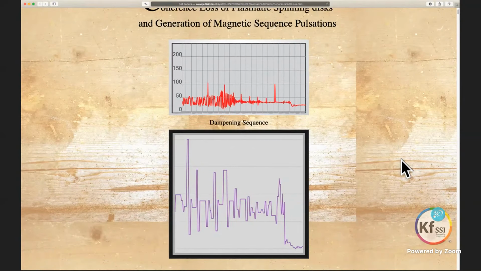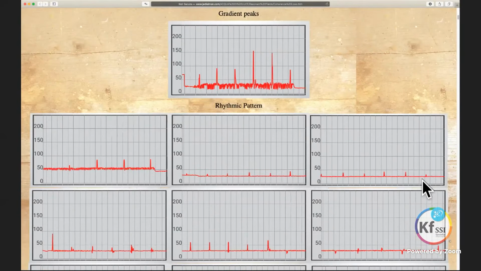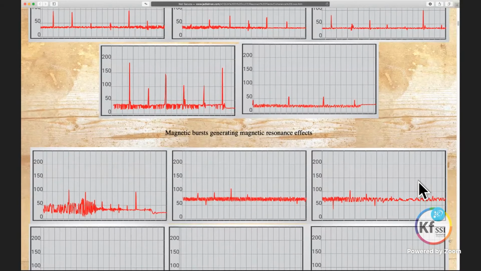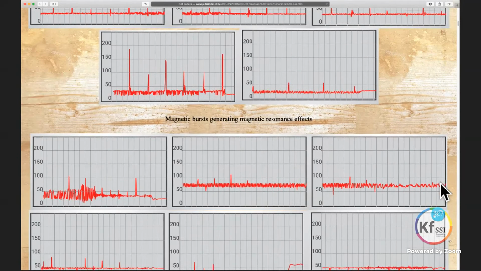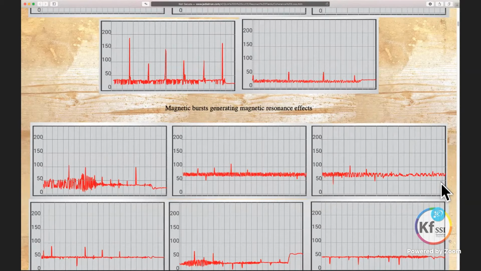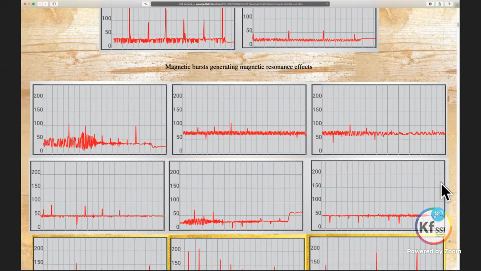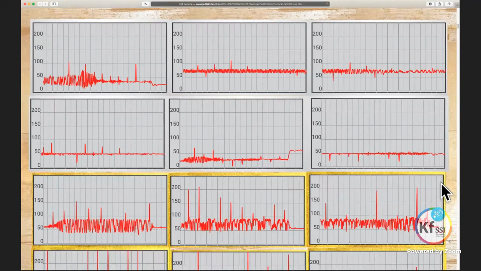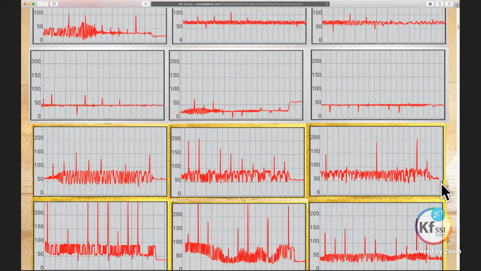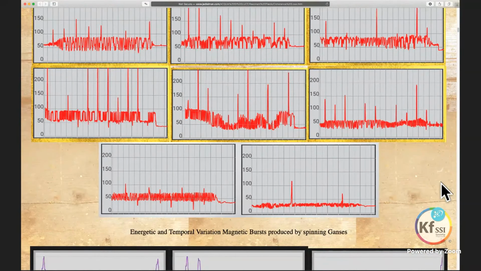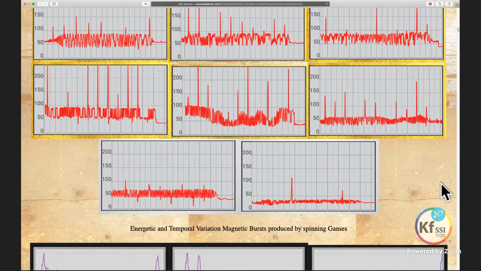You show a bunch of various pictures, we see rhythmic patterns, and this apparently is of a rotating rotor. These peaks are what we were talking about. These peaks, magnetic pulsations, are the pulsations you find within GANS rotors.